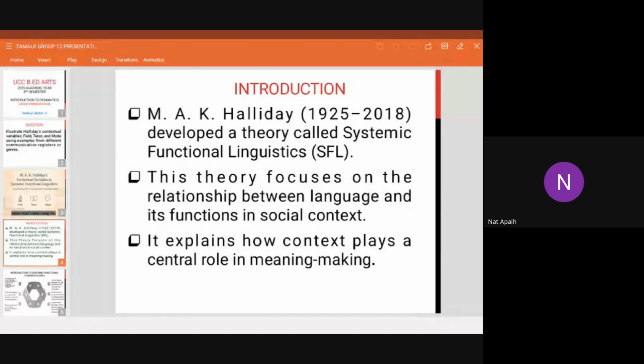It explains how context plays a central role in meaning making. So basically, we are talking about how people interpret the meaning of sentences or utterances based on the social context in which those utterances are made.